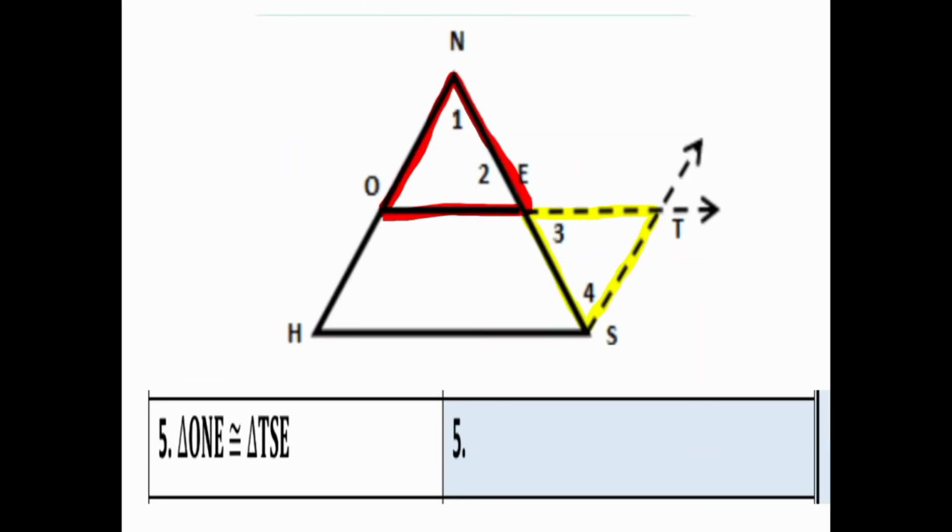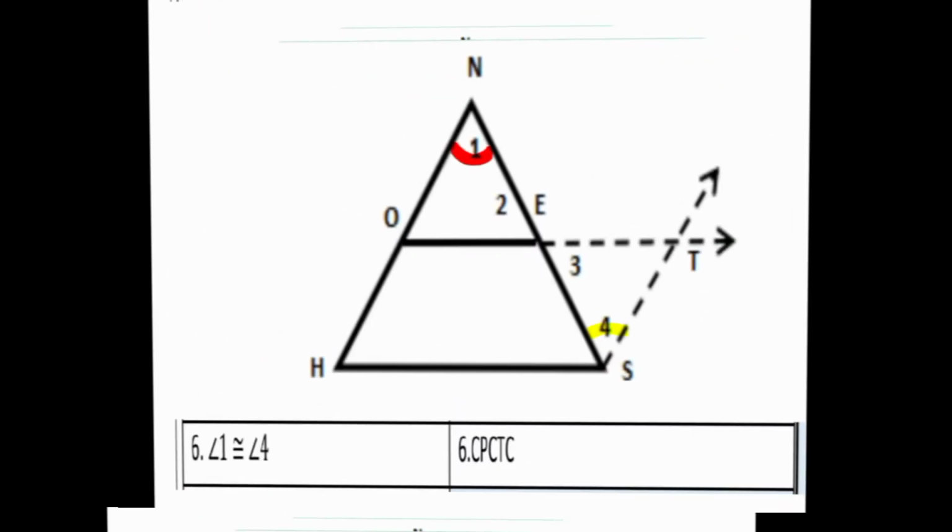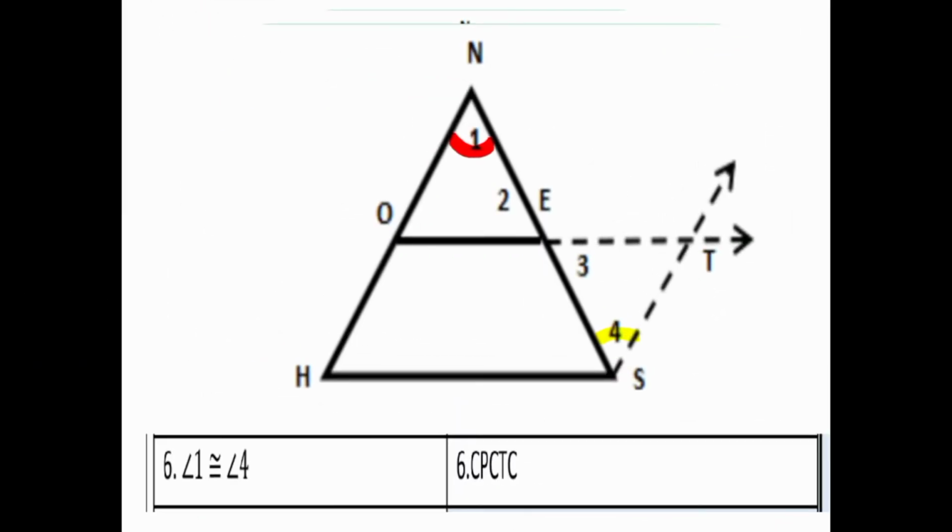Next is number 5. Triangle ONE is congruent to triangle TSE. Reason is SAS, or side-angle-side congruence postulate, since we already proved that angle 2 and angle 3 are congruent. Next is number 6.